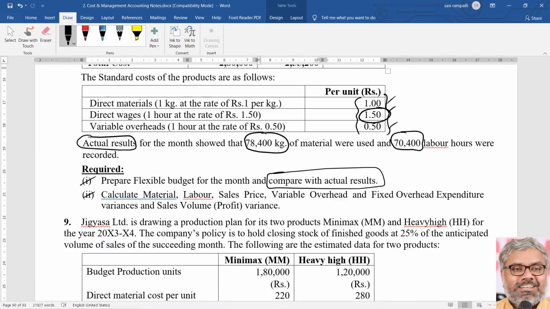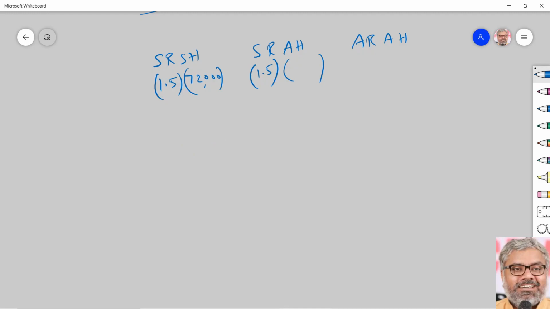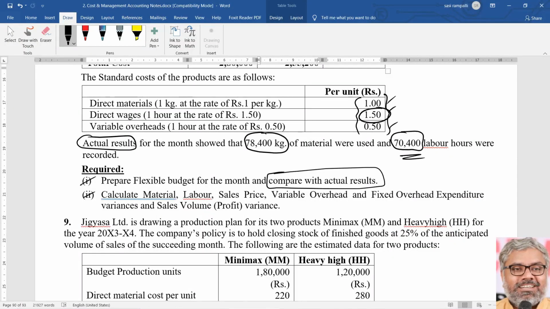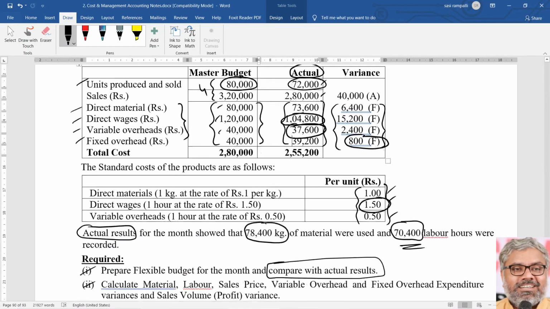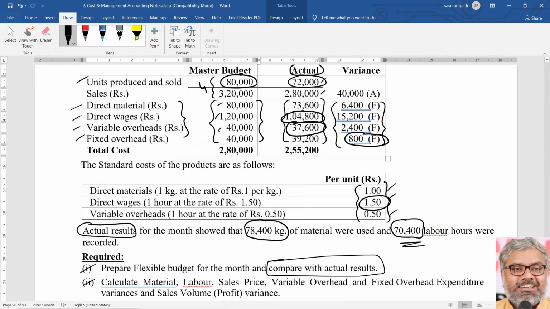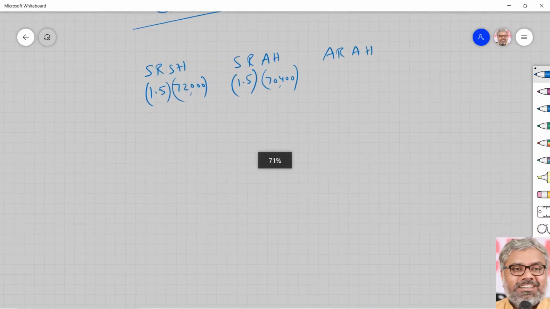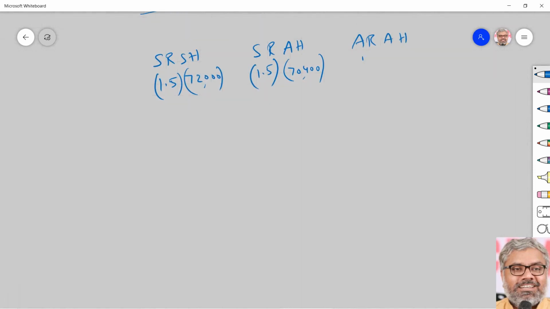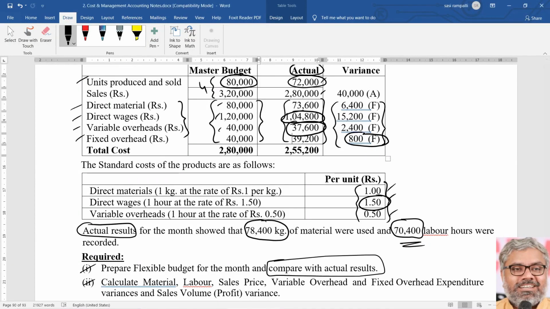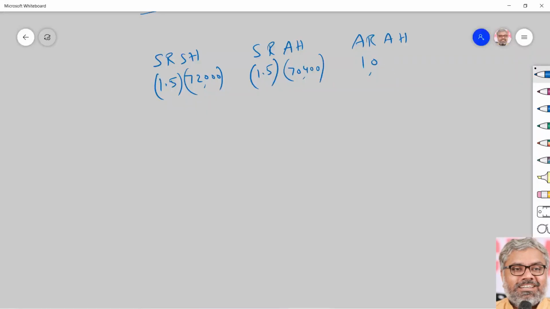Actual hours are given in the question. How much? 70,400 hours actually worked. AR AH is nothing but actual labor incurred, direct wages cost paid, 1,04,800. That is also given in the question.